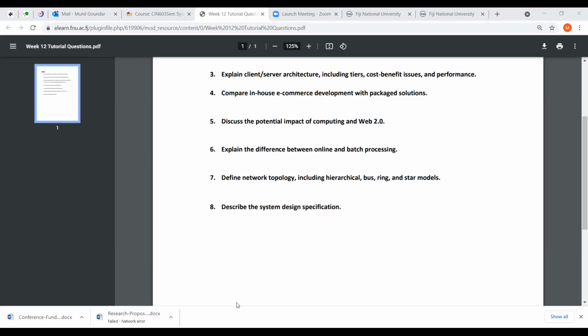Whereas batch processing allows processing to take place on a predetermined schedule.